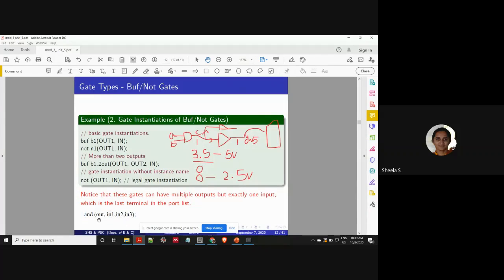But the thing is, in the case of AND and OR gates, there is only one output and many inputs. But in the case of a buffer or NOT gate, there are many outputs and only one input. The same holds good with respect to NOT and AND, OR gates. This is how we consider the corresponding gate types.